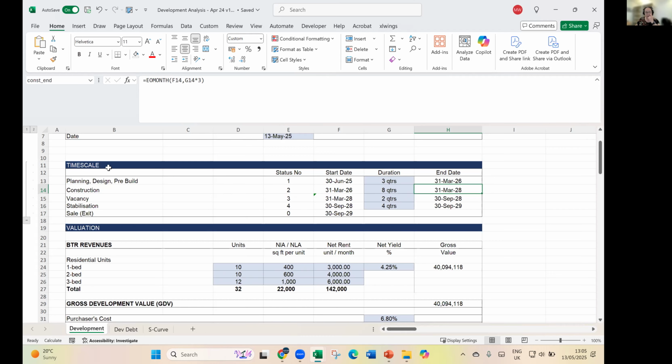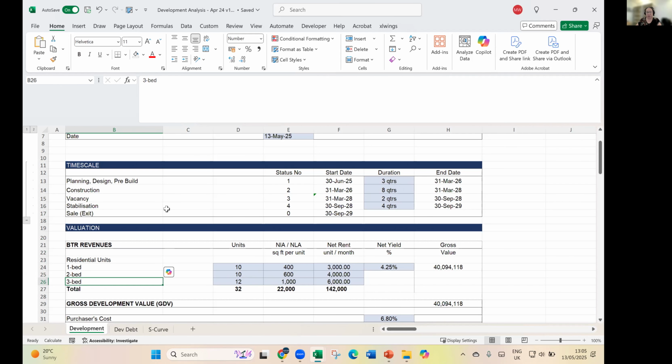The way I build here, I have some phases. The phases of development: the planning phase or the lead up phase, the construction period, a vacancy period as well, and a stabilization, like when you're going to be operating this asset, right? And then we're going to assume an exit here. In this model, it's pretty much residential BTR valuations, right?